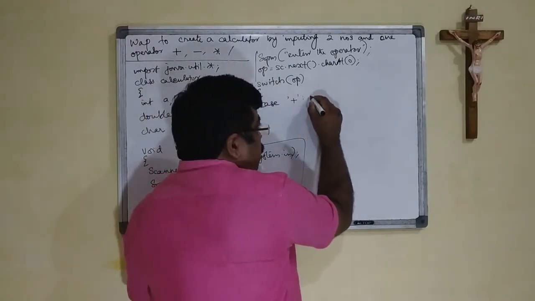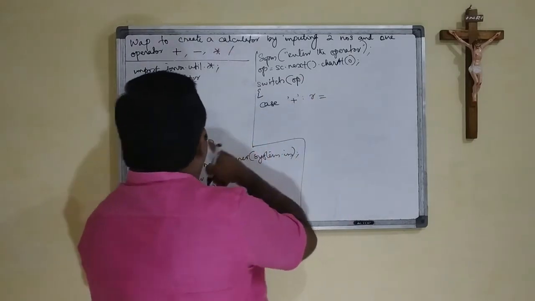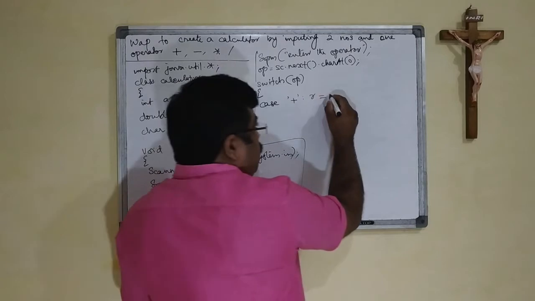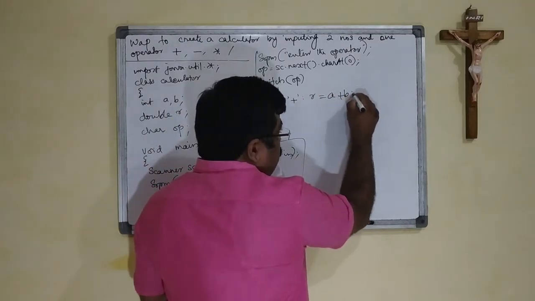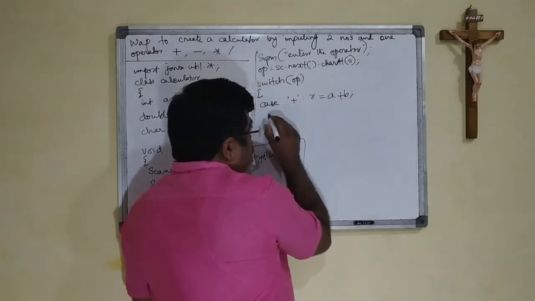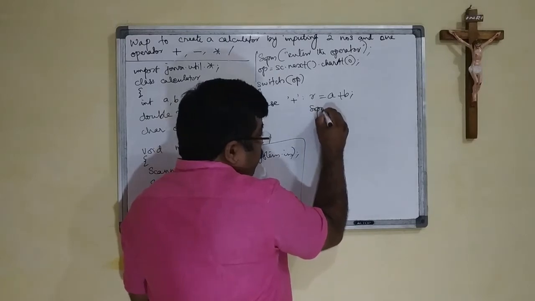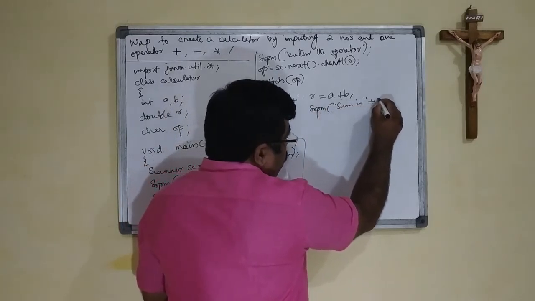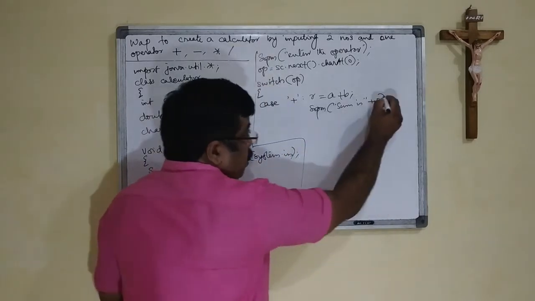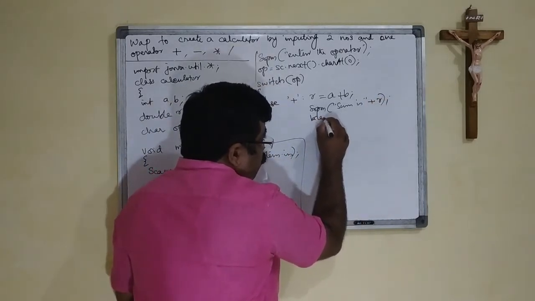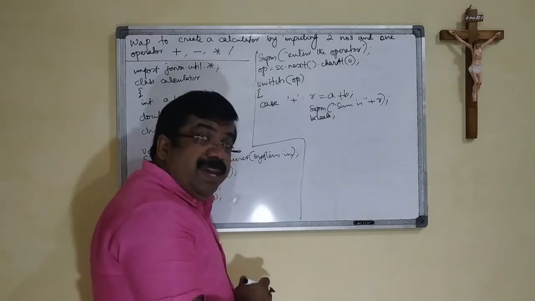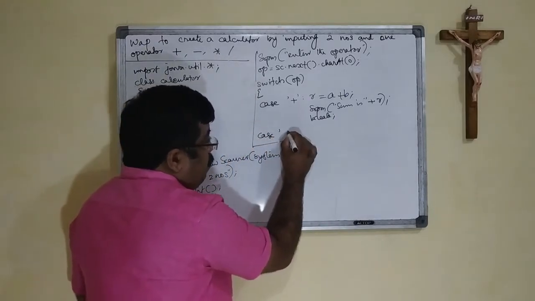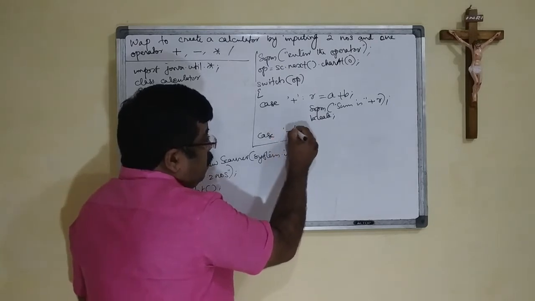If you write like that, the program will not be executed in the proper way. So give one space between the case and the constant. Case plus, we will give R. The variable for the result is R. R is equal to A plus B. Then SOPLN, we can print it: Sum is plus R. Then don't forget to give the break. Break is given. Case minus.